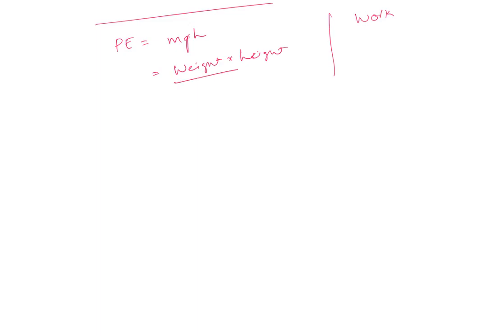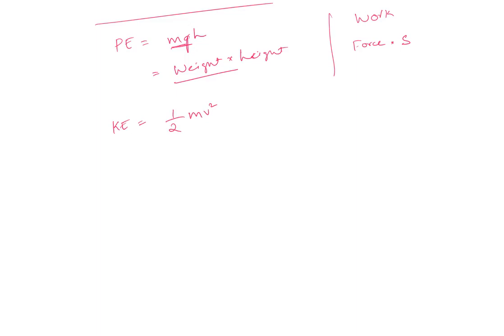Weight, mg, you can think of ma, that is the same as force, times height, which you can think of as distance. So that's work, as we have defined it. Kinetic energy, on the other hand, the formula looks like this: half mv squared. So half times the mass times velocity squared.